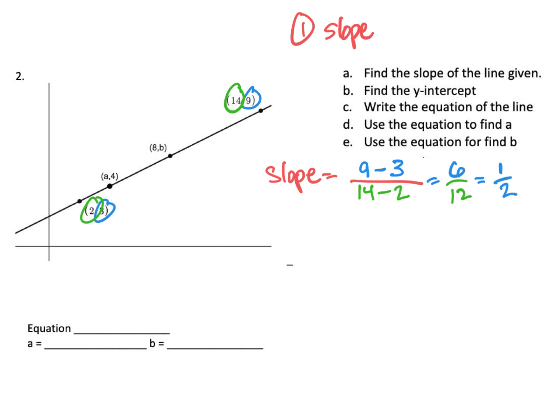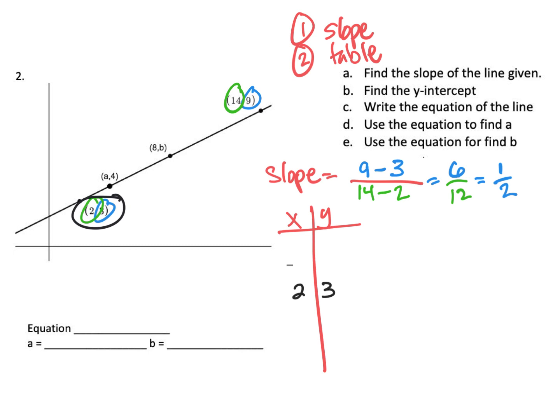Second of all, we're going to do our table. We are going to start with our 2, 3. Remember, we're going to use our x's. How does our x change?